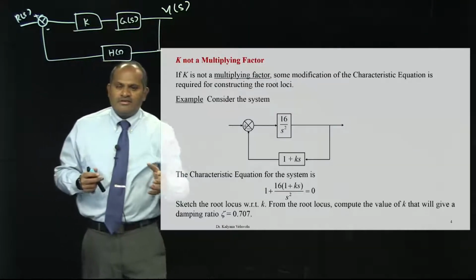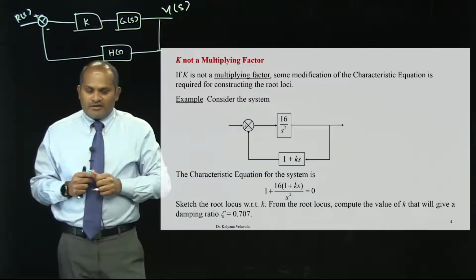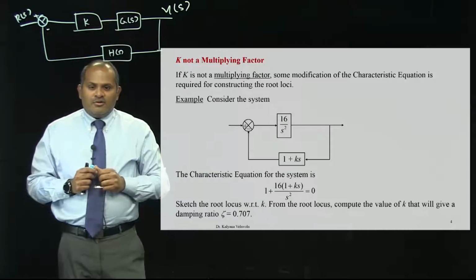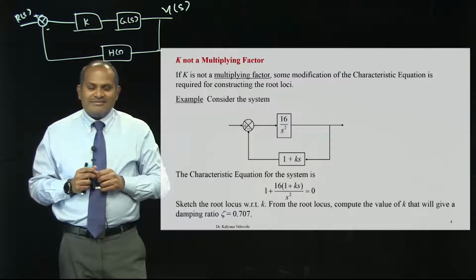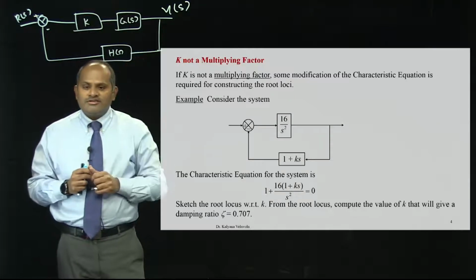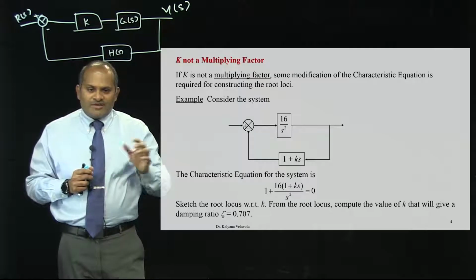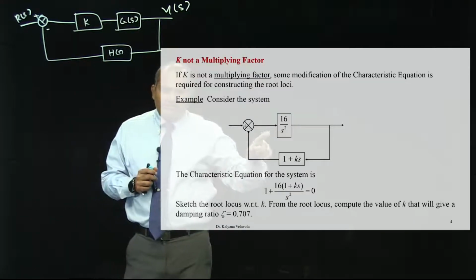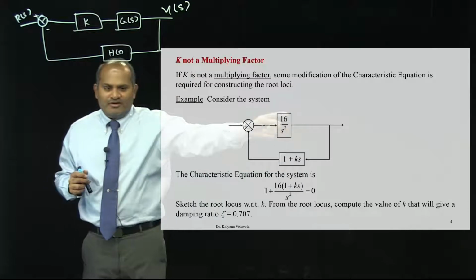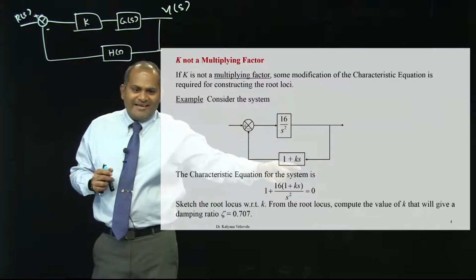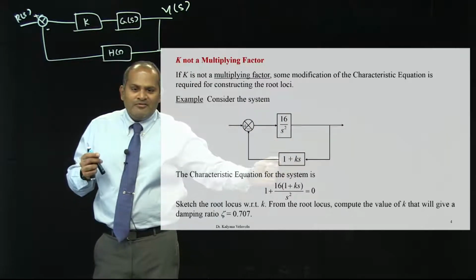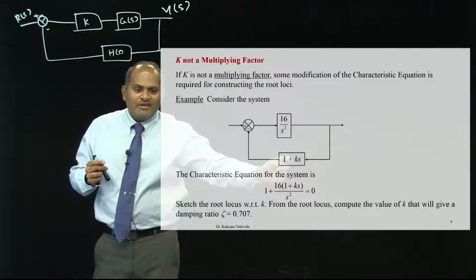Now, we have a new scenario. What happens if k is not a multiplying factor? If k is not a multiplying factor, all our rules of root locus are not valid. So, suppose consider a system where you have this kind of structure where k is not even a multiplying factor, but k is 1 plus ks.